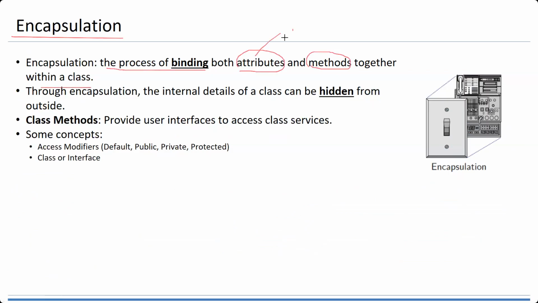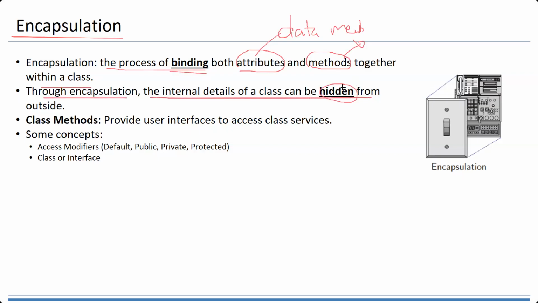The attribute means the data member, and methods here are the methods or functions, and we want to bind them together in a class. Through encapsulation, the internal details of a class can be hidden from outside. It means we do not need to share our data.